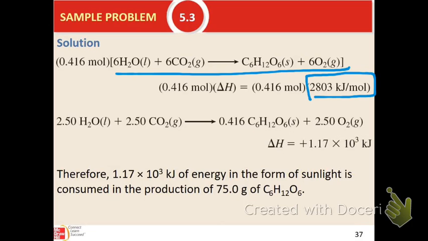So your conversion factor for this would have been, since we are talking about glucose in this case, for every 1 mole of this, it requires 2,803 kilojoules for every 1 mole of sugar that is produced.